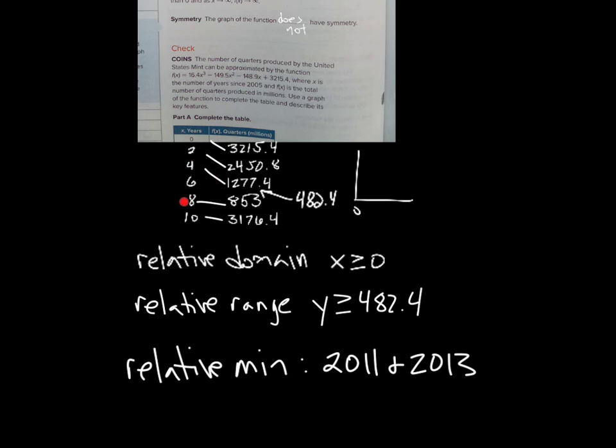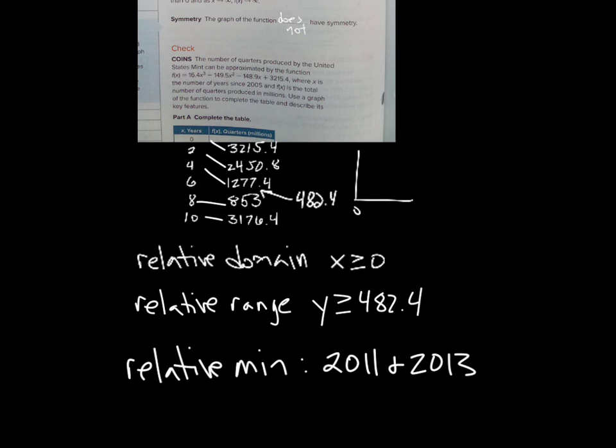So we're going by twos here. So at 6 we were at, at 4, which would be 2009. At year 6, right? 2011, we had this many, and then at 2013 we started going back up again. So we were high, went low, and then started going high again. So somewhere in between these 2 years we had a relative minimum.